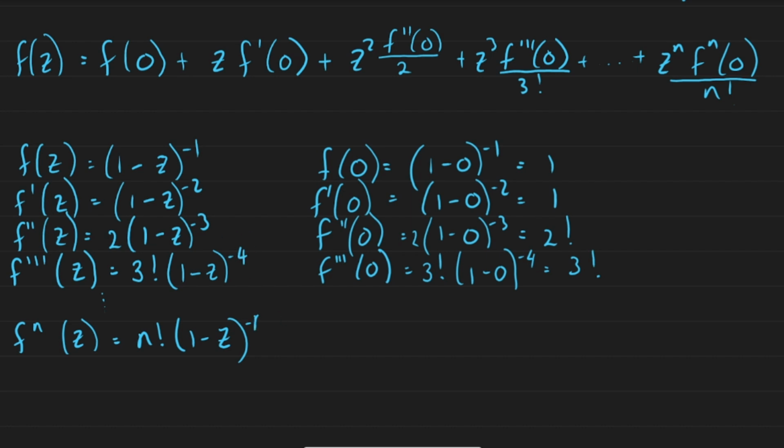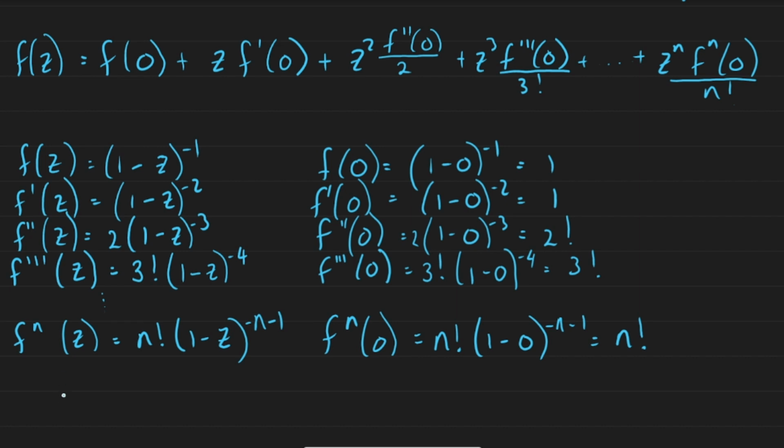So we have to take minus n and subtract 1 from it. If we find the nth derivative at 0, then we see that it's simply equal to n factorial times 1 minus 0 to the power minus n minus 1, and that just gives us n factorial. So we now substitute these terms into our series expansion.